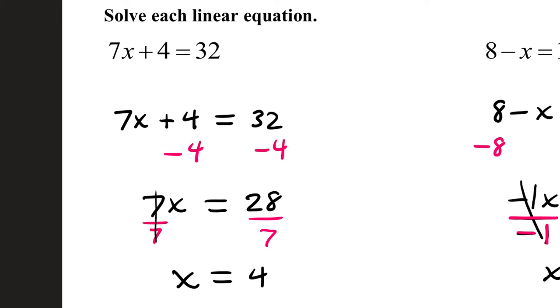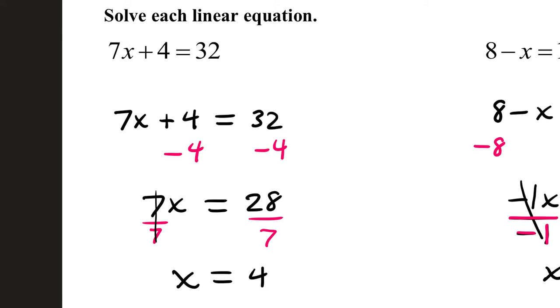For this one, we have 7x plus 4 equals 32. We only have one variable term, but we have two numerical terms. If I remove 4 from both sides, I've performed a legal move. What it also does is it separates my variable term from my numerical terms. 4 minus 4 is 0. 32 minus 4 is 28.